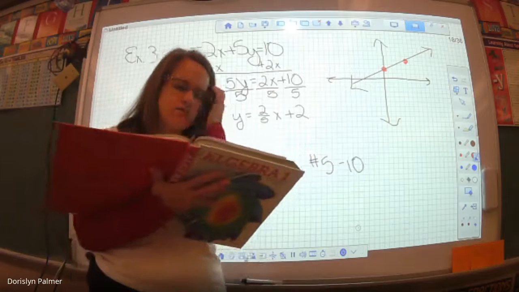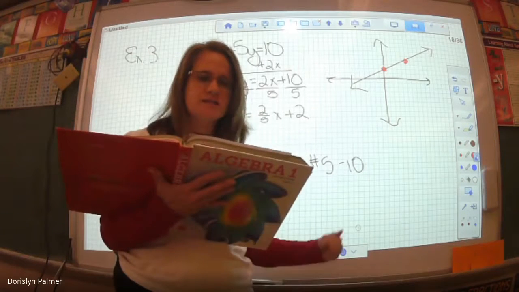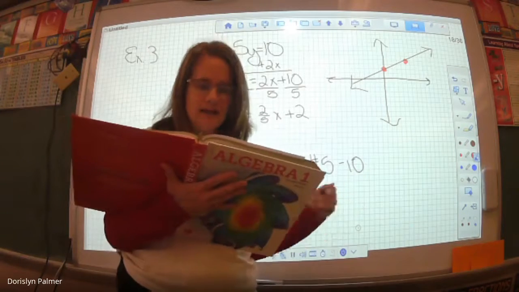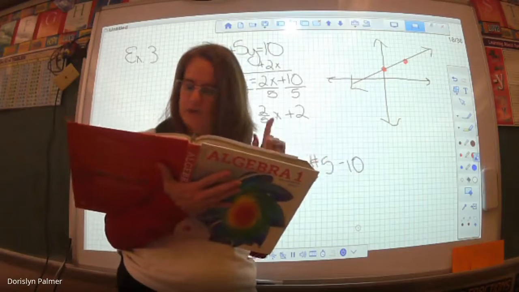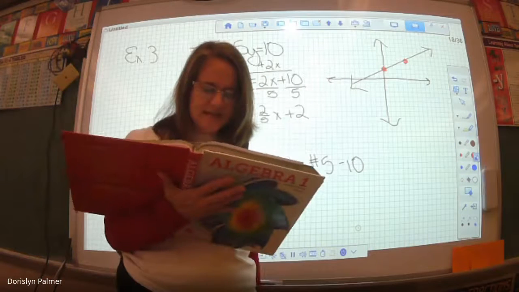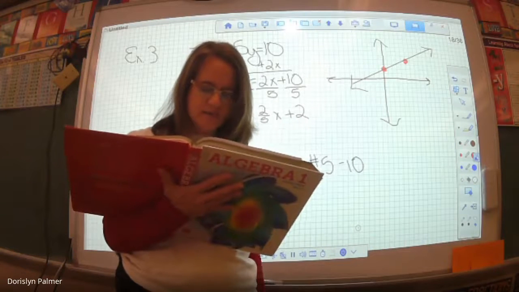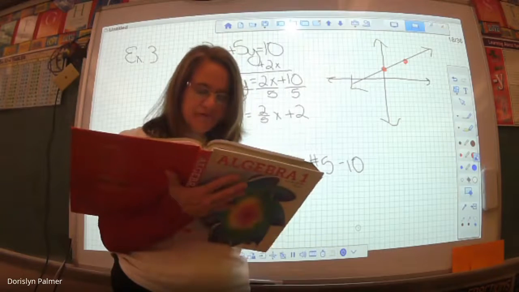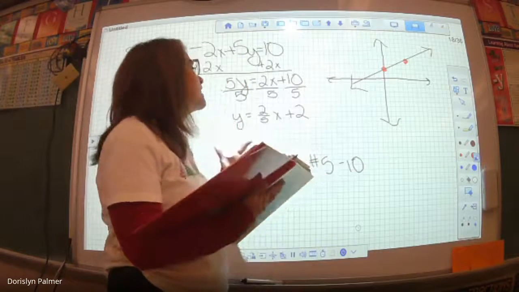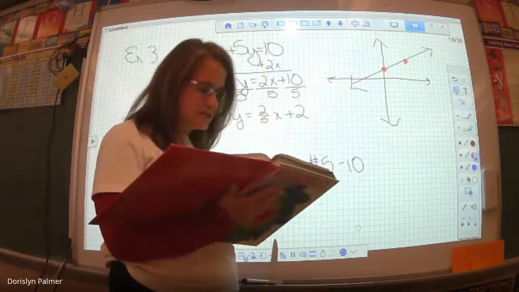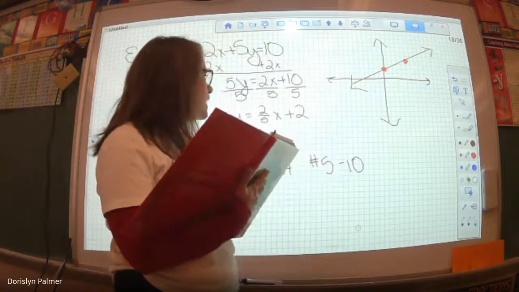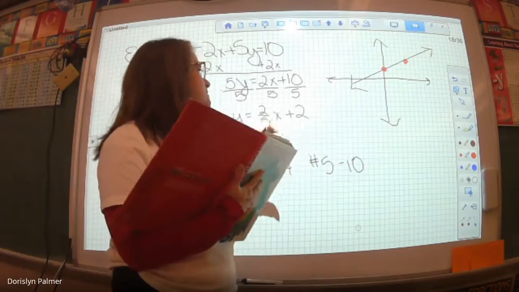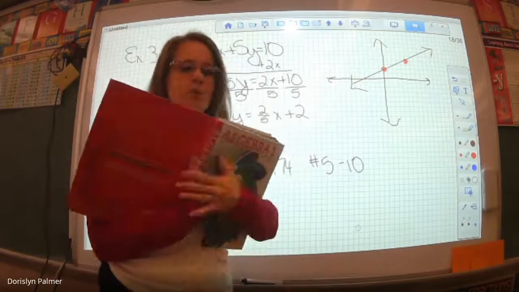We talked about that before, where if we just had y equals, it's a horizontal line, and x equals would be a vertical line. So 9 and 10 are going to be horizontal lines. You're going to graph it using this method. Put it in slope-intercept form, so solve for y, graph your y-intercept, and then use slope to find your second point.